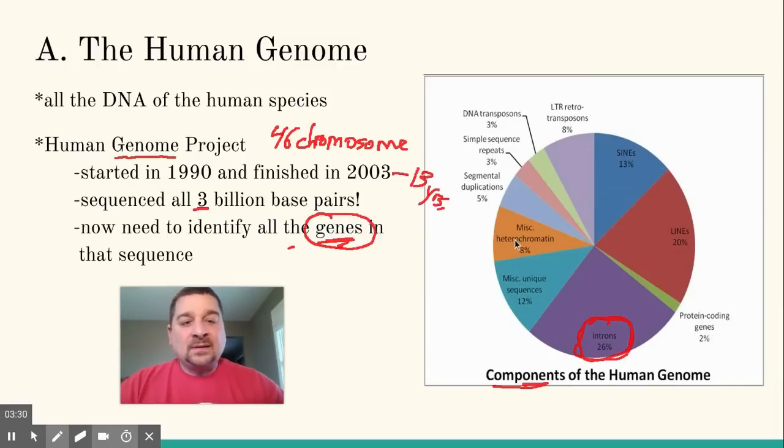Then there's some heterochromatin, some jumping genes, remember transposons and retrotransposons, and some simple sequence repeats that we often use for identifying people. So it's an interesting graph of what we think those 3 billion base pairs contribute to the human genome.